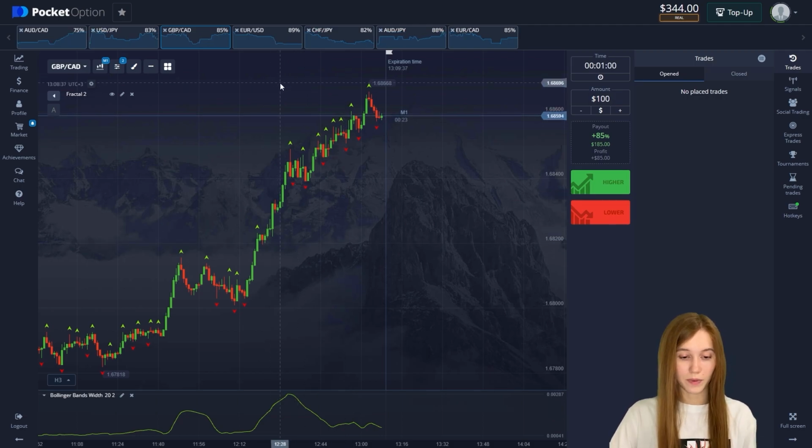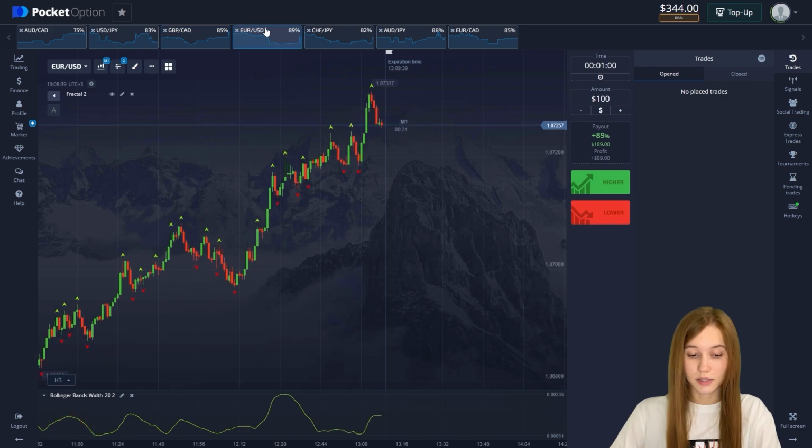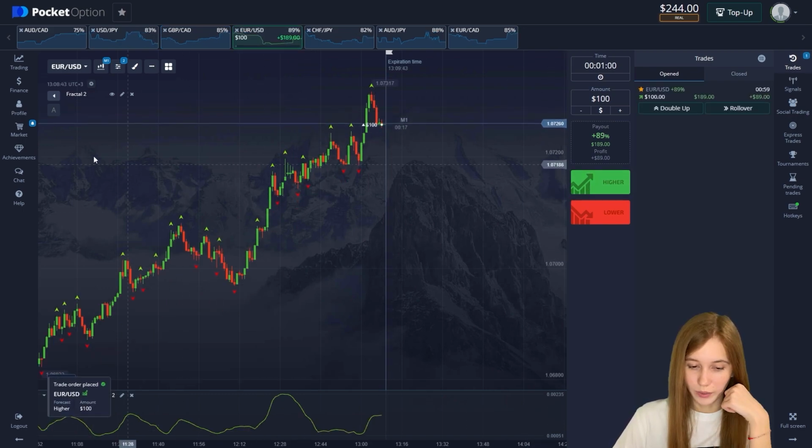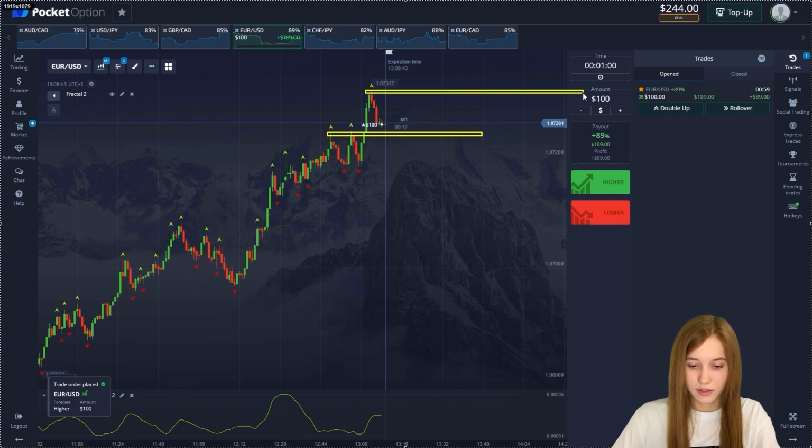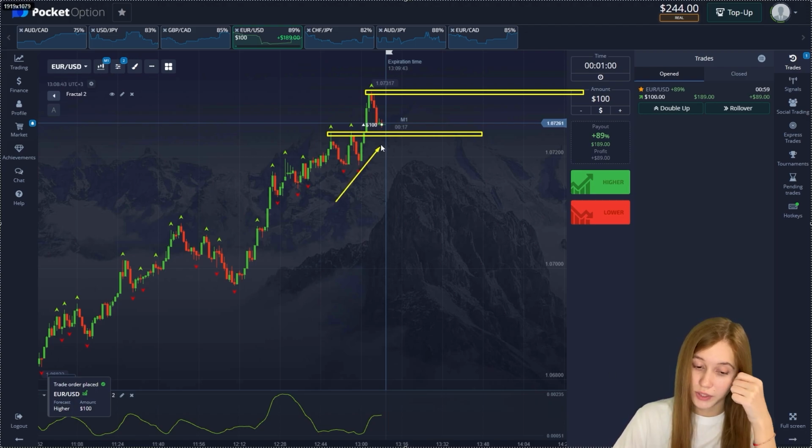And now we move on to the next concept. So here we are. We open up, and we start our technical analysis. So we see support area and resistance area.